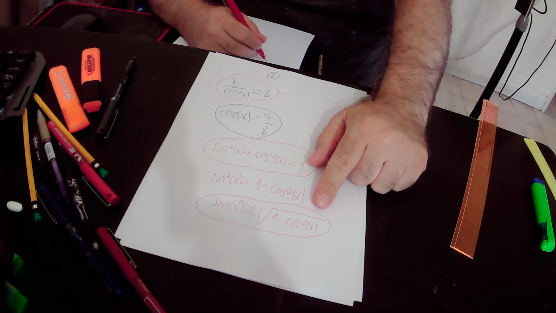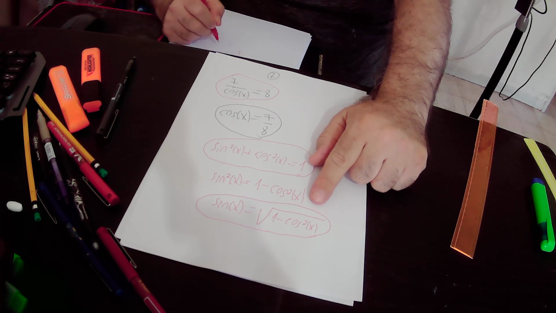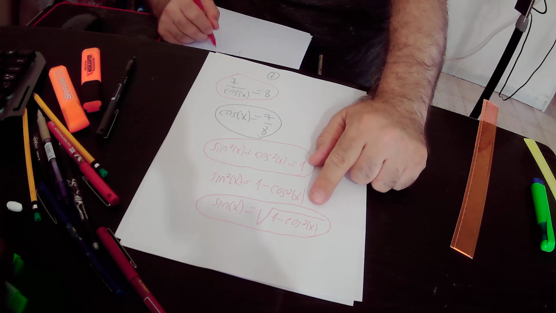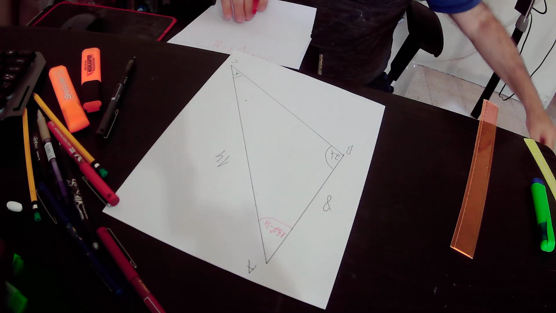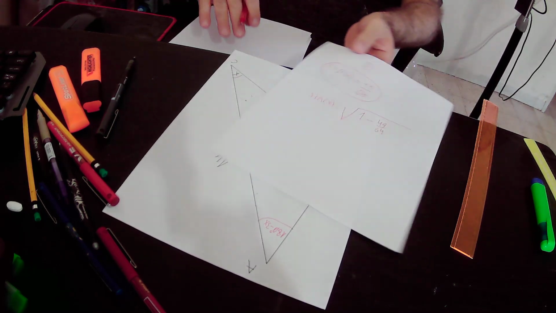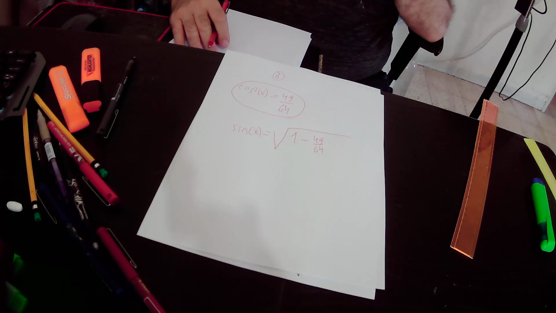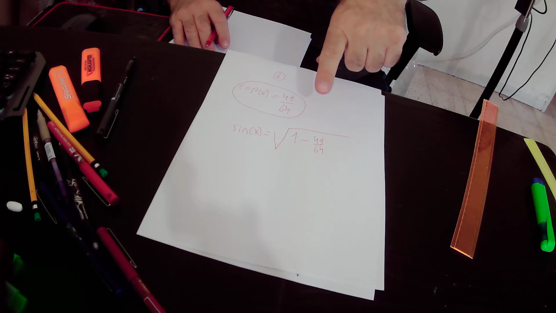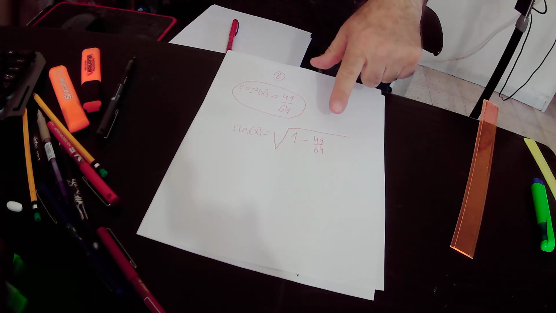So we will get that sine x equals the root of 1 minus 49 over 64. So here I will substitute 1 by 64 over 64 in order to have a common factor with this number.